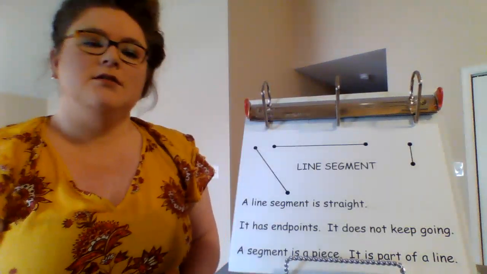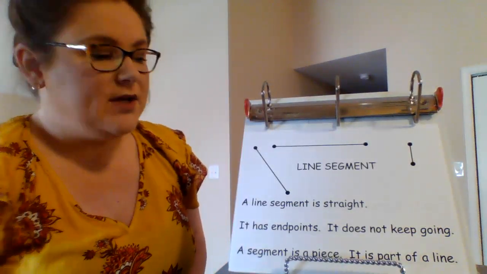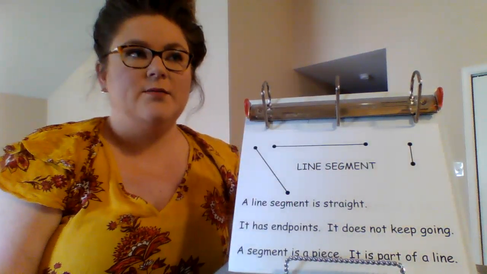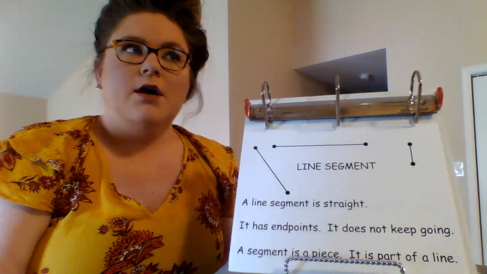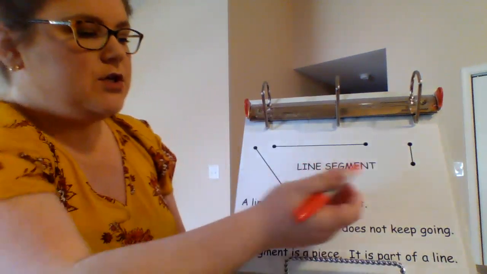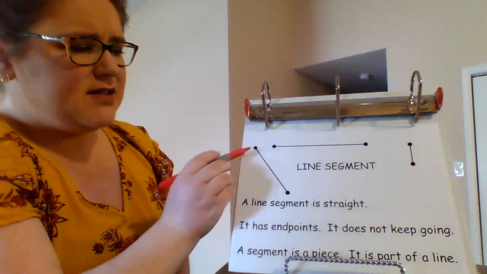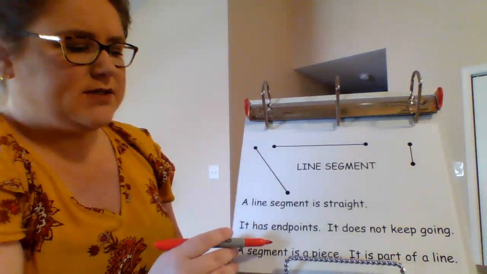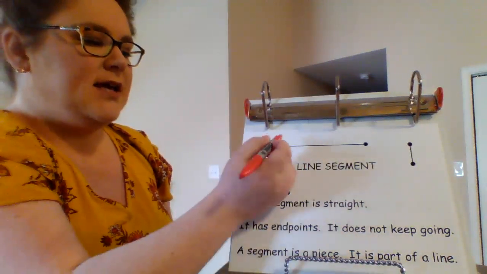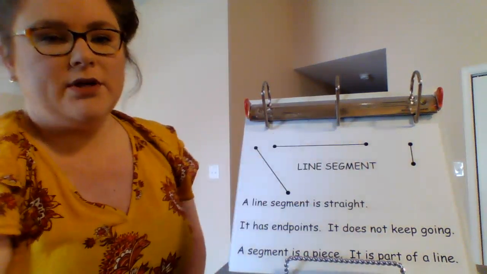The next vocabulary term we need to know is line segment. Okay, so a line segment takes a line and points, the two words we just learned. So this is an example of what a line segment looks like. Again, it is a straight line, but it has two endpoints, okay?